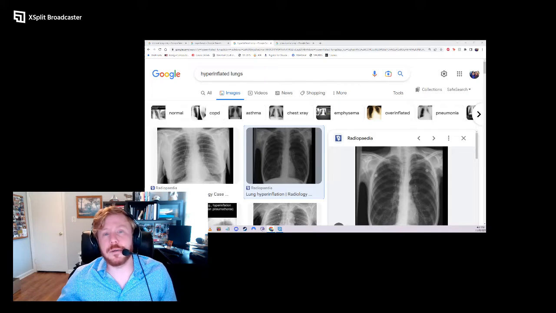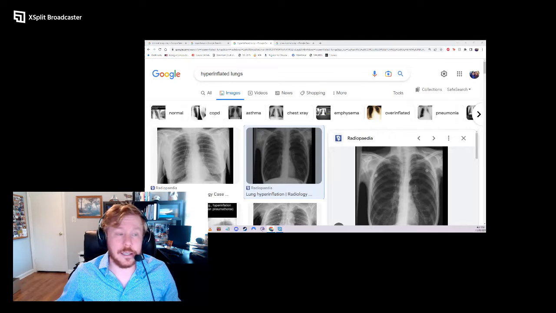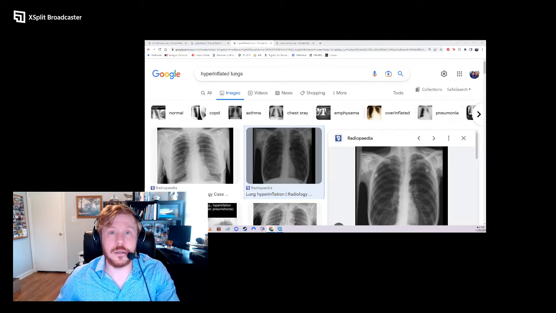So how is COPD diagnosed? The main way COPD is diagnosed is through an outpatient procedure called a pulmonary function test, also called spirometry. It indicates how well people can exhale, as well as how fast they can exhale in 1 second.